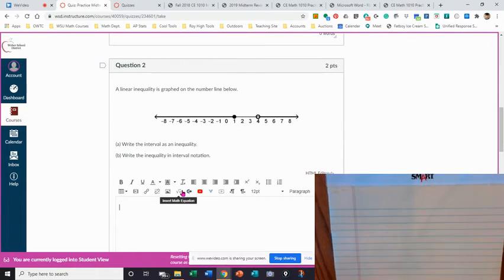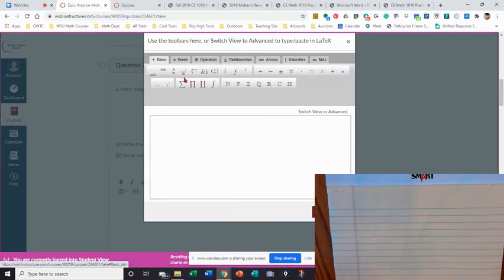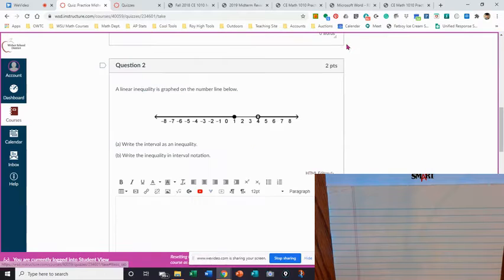Well, you've got a few options. I can insert a math equation, and there I have all my neat little figures. Or if you go, x is less than or equal to, I'll understand. Or even type it in words.